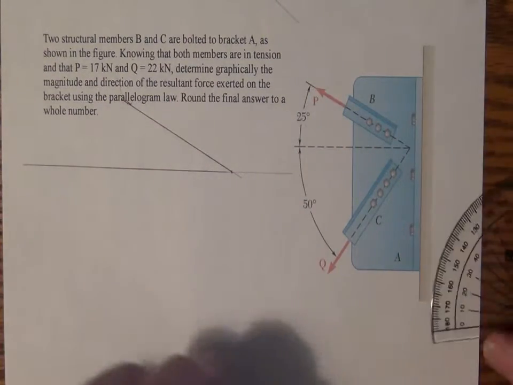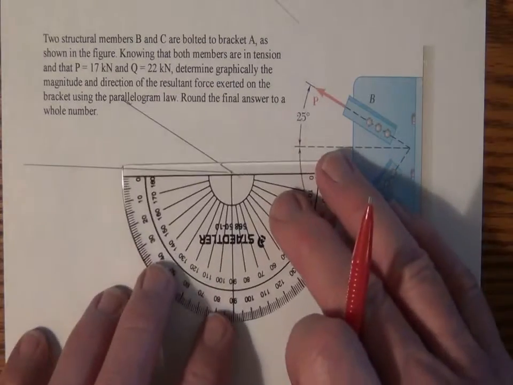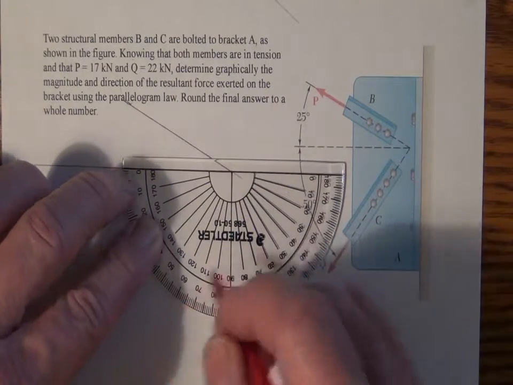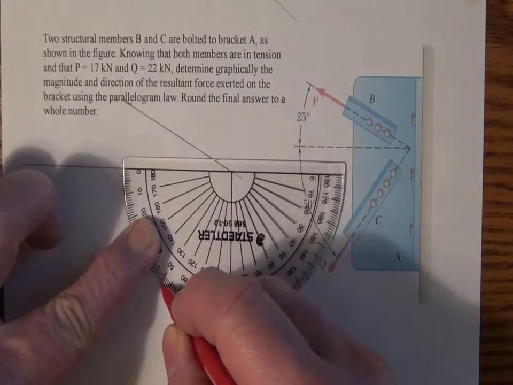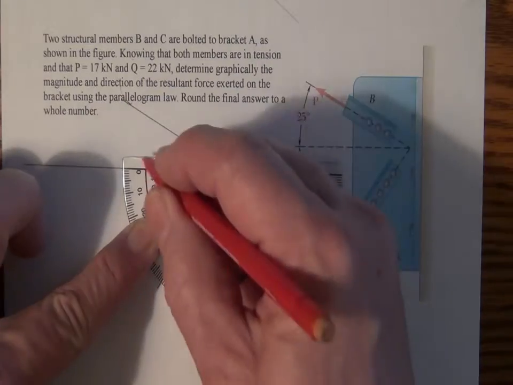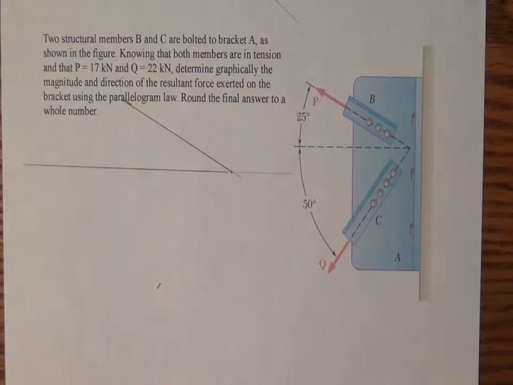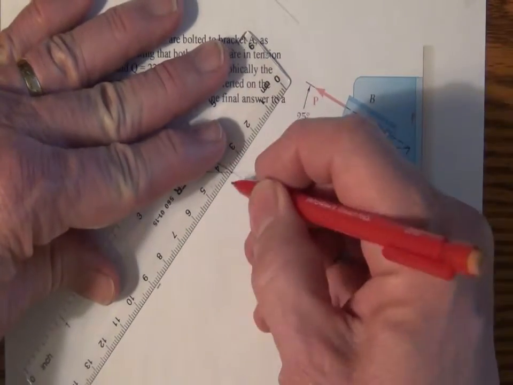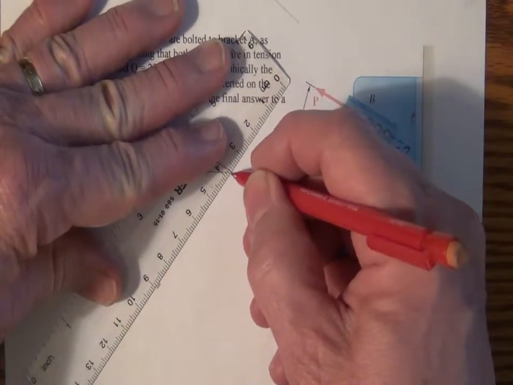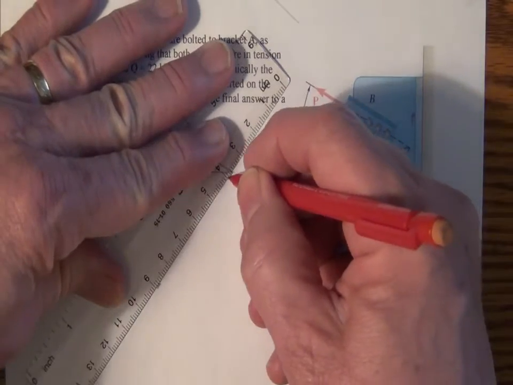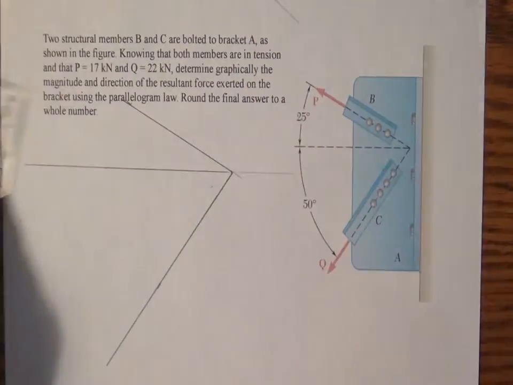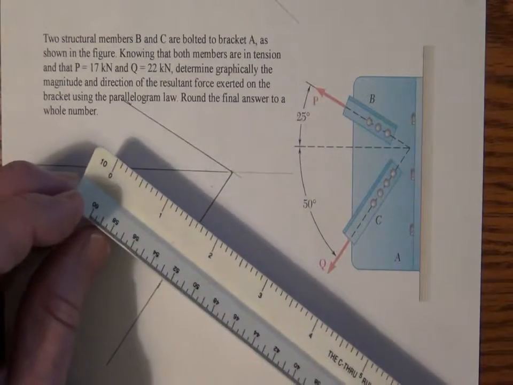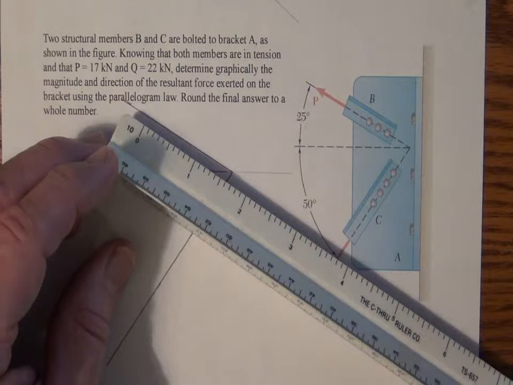And the Q vector is going down at 50 degrees. So just mark it at 50. Make sure it's the right direction on the protractor. Now for my units, I have a 1/10 inch scale, or inches in tenths.